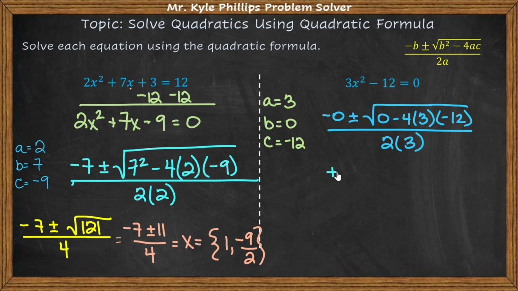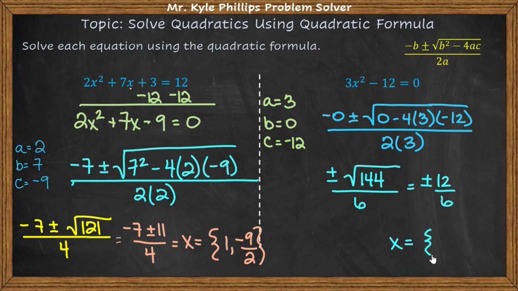So now we have plus or minus the square root of negative 4 times 3 is negative 12. Negative 12 and negative 12 is positive 144. And so here we have positive 144 all over 6 minus 12 over 6. So here our answers are going to be positive 2 and negative 2.